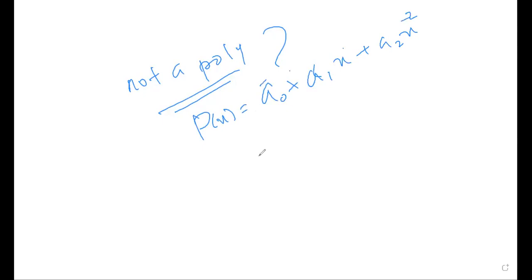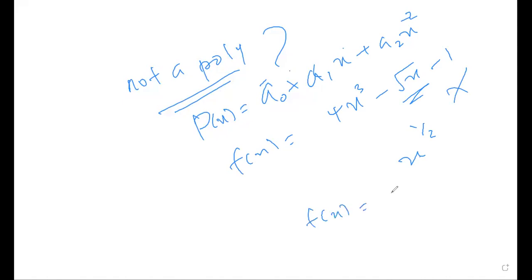Similarly, for example, f(x) equals 4x cubed minus root x minus 1, something like that. This is x to the power half, no? We should have all integer powers, so it is also not a polynomial. Or, as some people answered, x squared minus 1 over x. This is also not possible, because it will be x to the power minus 1. Okay, good. So this kind can be taken as not a polynomial.